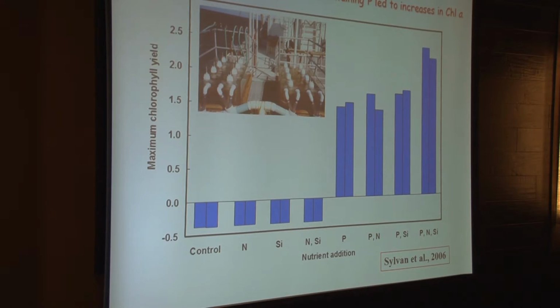So this is the results of bioassays that have been conducted by Jim Ammerman and his folks and others. And what that shows you is that in May, when that big freshet hits the Gulf of Mexico and you got very high N to P ratios, and you do these bioassays to ask the algae which nutrients are limiting, well, the only stimulation they can get is if P is included in the treatments.